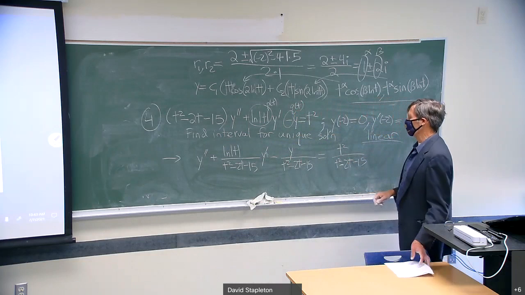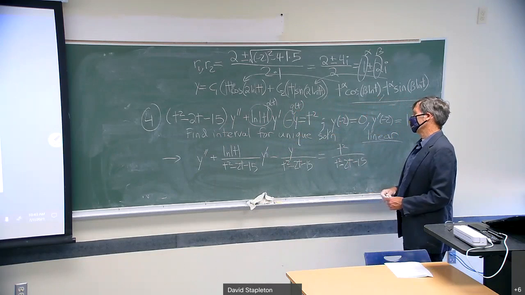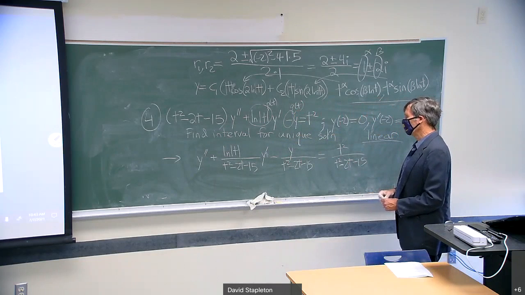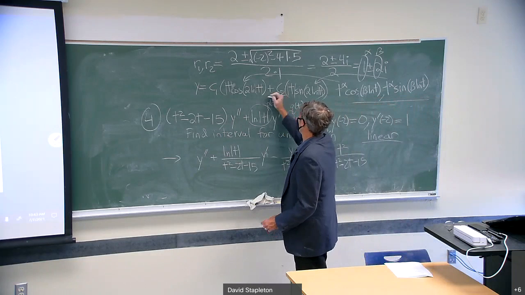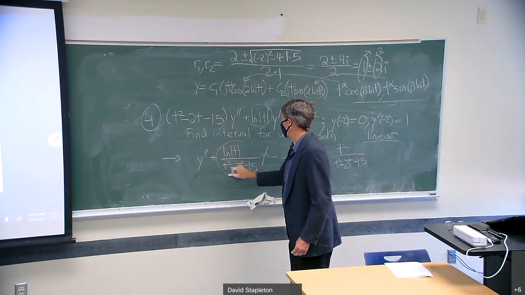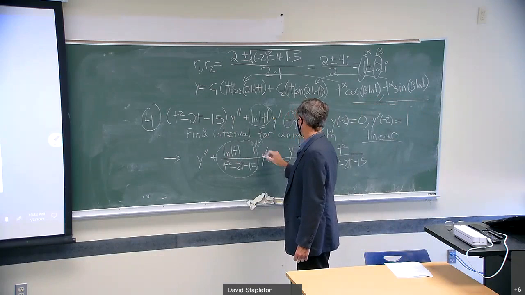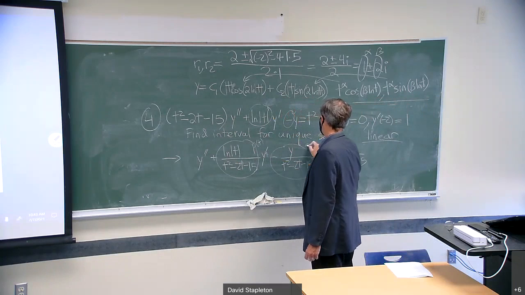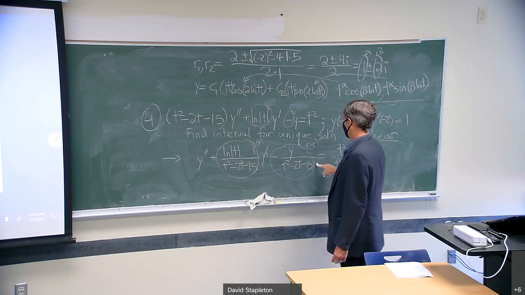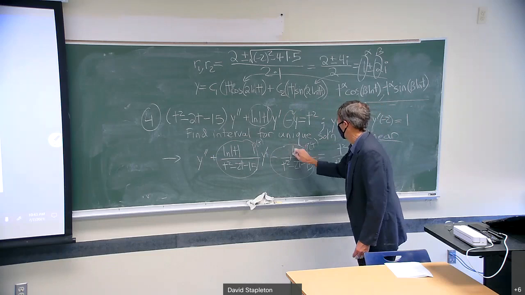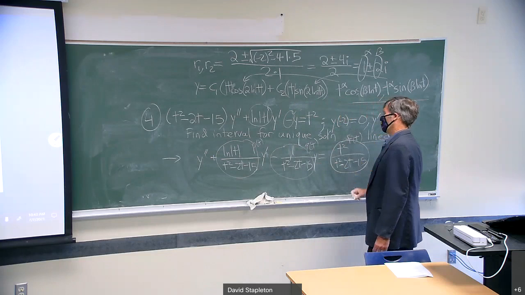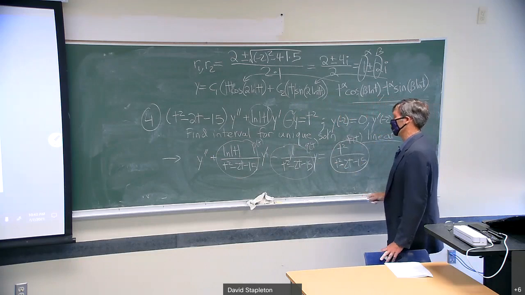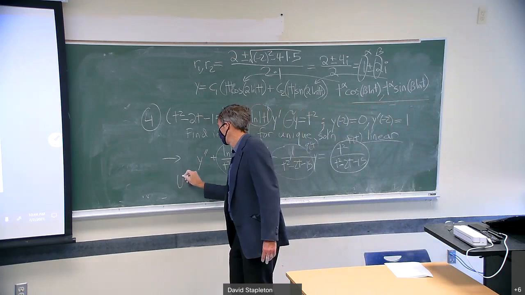And now this is tricky, actually. I can't call this P and Q yet, I didn't put it in standard form. This is P. And this is Q. That's a y here. And this is F. Where P, Q, and F are continuous, you get a unique solution.